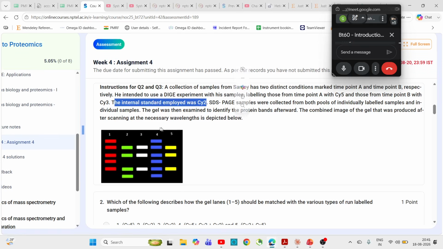The fourth one would probably be Psi2, right? Because it has all the bands.